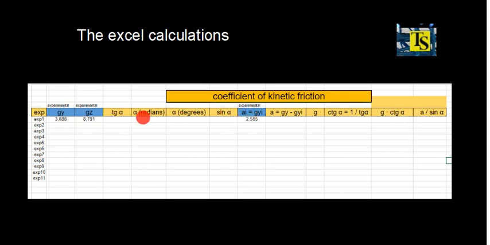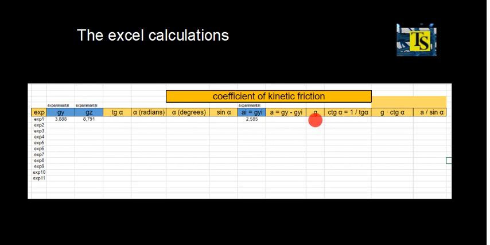You can calculate the tangent of the angle, that is the division between gy and gz, then the angle in radians, you know how to do it, the angle in degrees, then the sine of this angle. Then this is what you have measured here, the instant acceleration, but the acceleration that we are going to use is the subtraction between the gy instant and this gy.